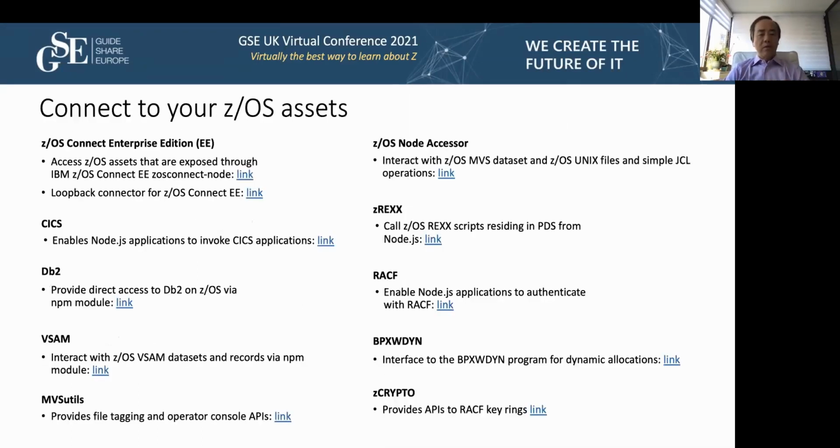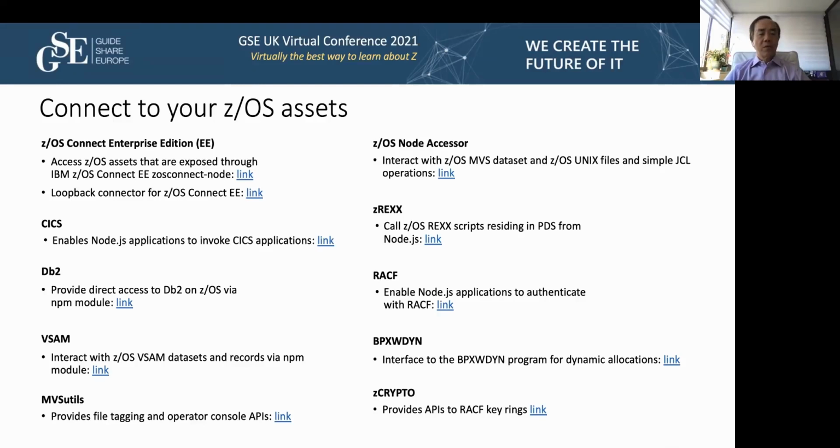Node.js will not be very useful if you can't access any z/OS assets. So we have a list of NPMs here that allows you to work with different assets on z/OS.